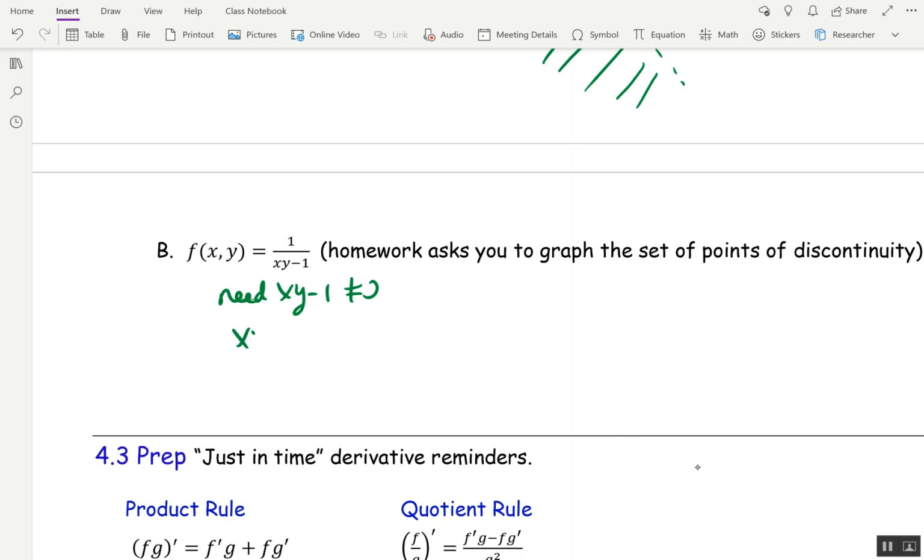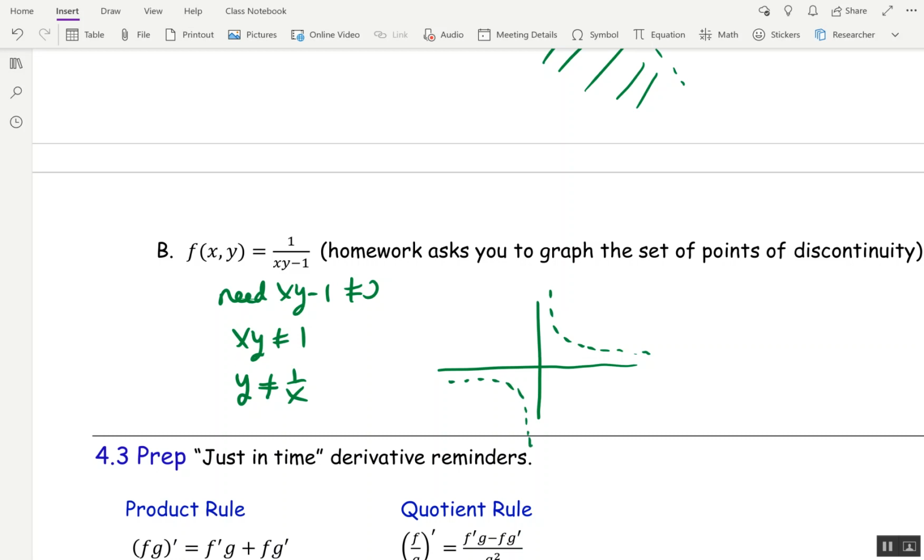So we need xy not equal to 1, so we need y not equal to 1 over x. Okay, that's a hyperbola. Those are bad points. The points on y equals 1 over x are points not in the domain. So I'm going to dot those in. This is what y equals 1 over x looks like.